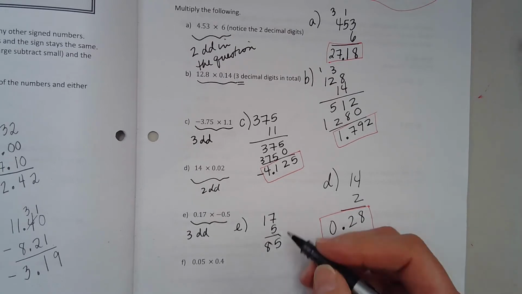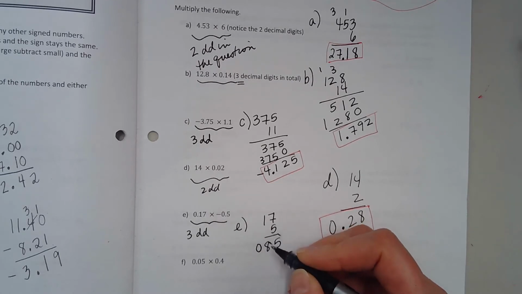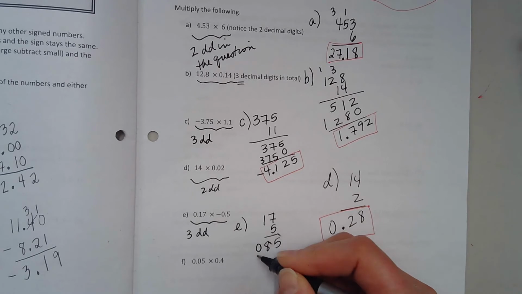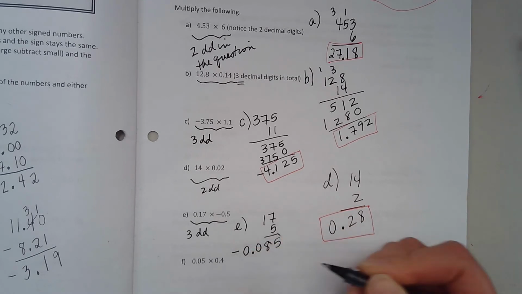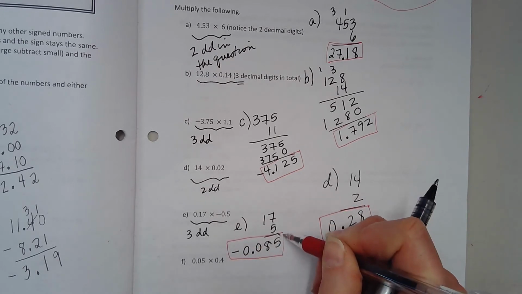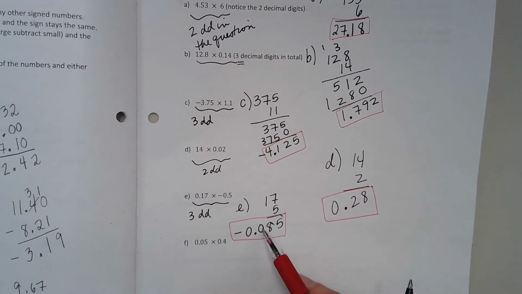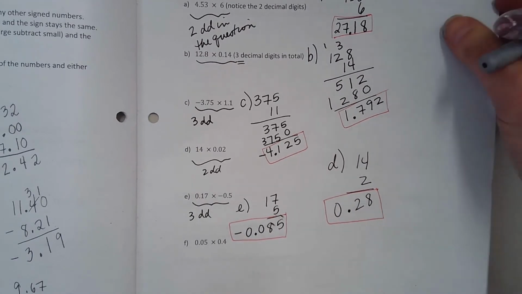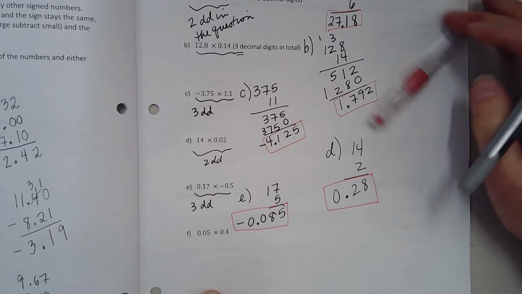Add a 0, right? 1, 2, 3. If you need more decimal digits, you have to add zeros. And I'll put my leading 0 there too. So that would be my final answer, negative 0.085. And just to double check, 1, 2, 3 decimal digits, so that agrees with what I was being asked to do.